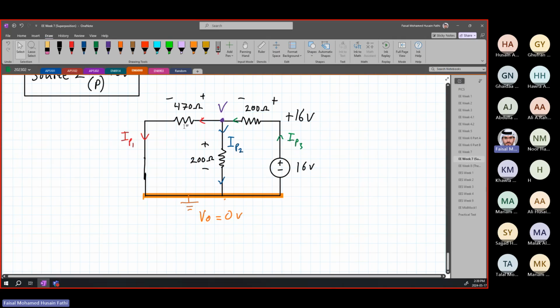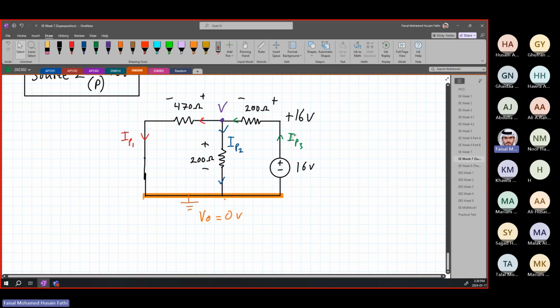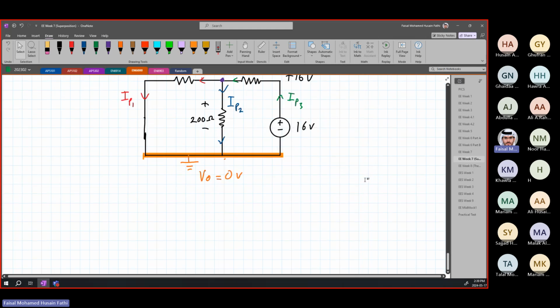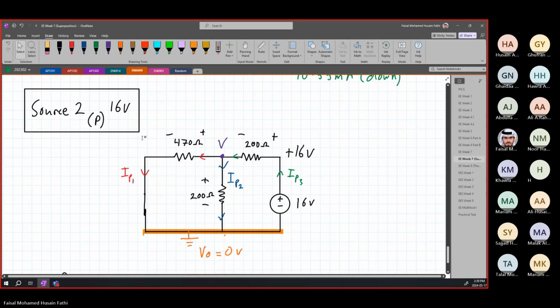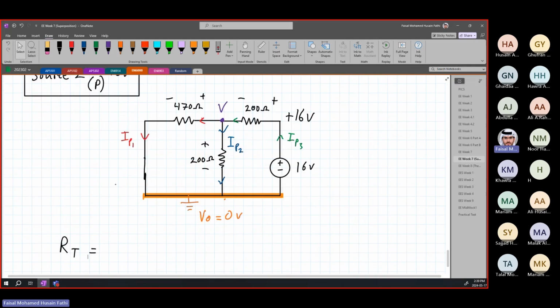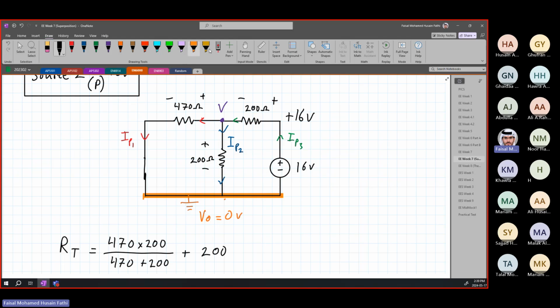So we can reduce them together as parallel, and then they are in series with this resistor over here. Our total is equal to 470 times 200 divided by 470 plus 200, plus the series, which is the 200 ohm resistor over here.